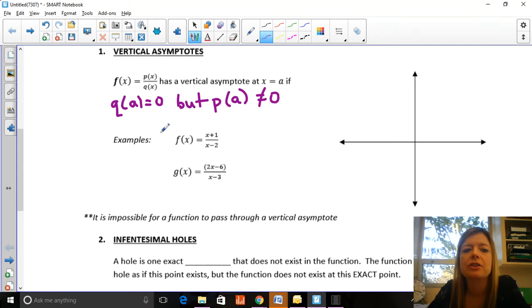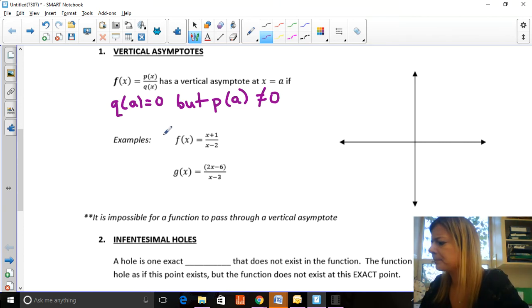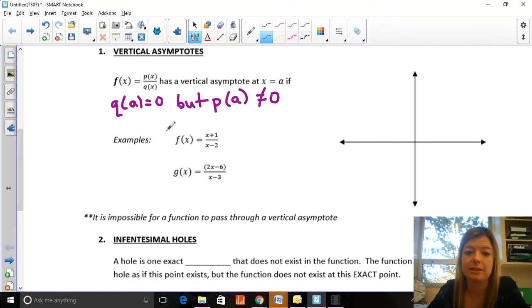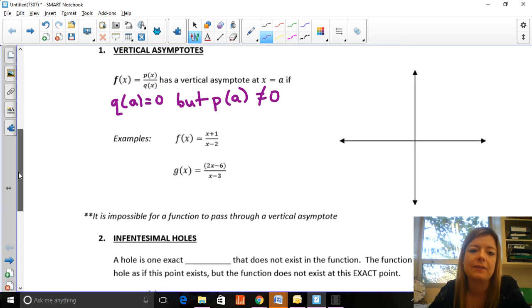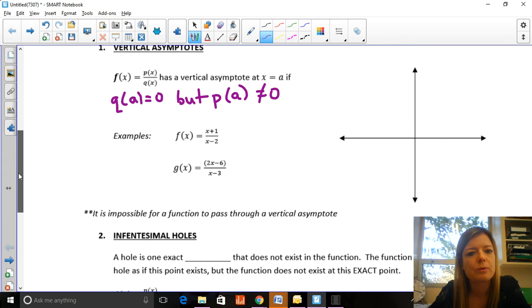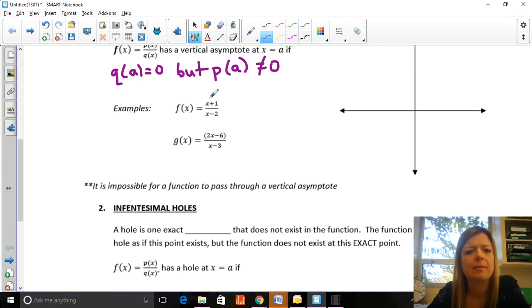It's not enough to just say that a value makes the denominator 0 to say it's a vertical asymptote. You also have to conclude that it makes the numerator not 0, because if you get the result 0 divided by 0, then that will be an infinitesimal hole. So in this example, f(x) equals (x plus 1) divided by (x minus 2).